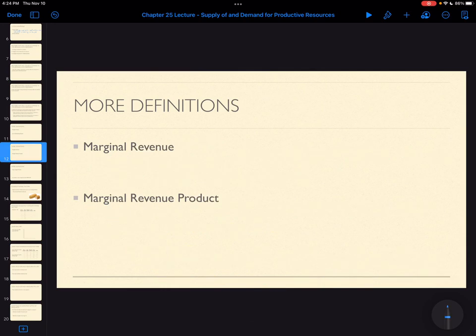All right, this leads us to marginal revenue. Marginal revenue, definition-wise, is similar to marginal product.